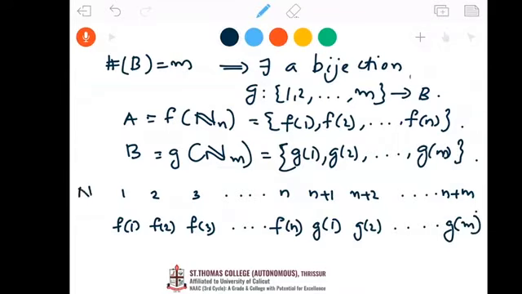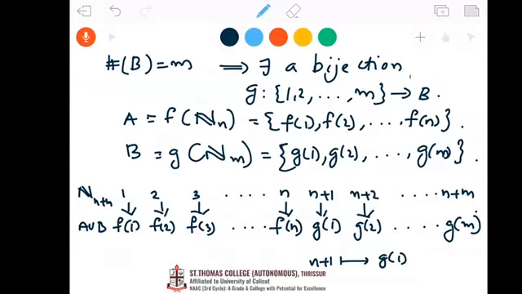So this is our n plus m, and this is A union B. We have to define a bijection between them. So I am mapping 1 to f of 1, 2 to f of 2, 3 to f of 3, etc., n to f of n. Now I am mapping n plus 1 to g of 1, n plus 2 to g of 2, etc., n plus m is mapped to g of m. So from the figure itself, it is clear that this is a bijection.